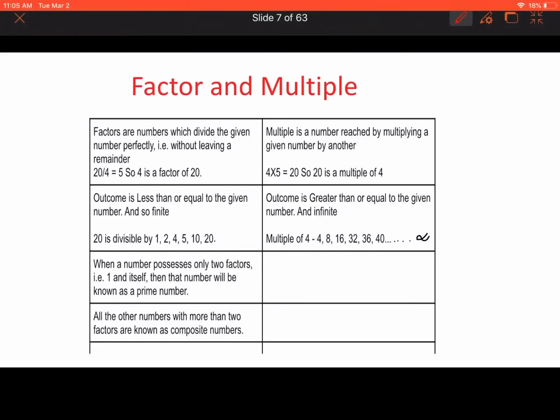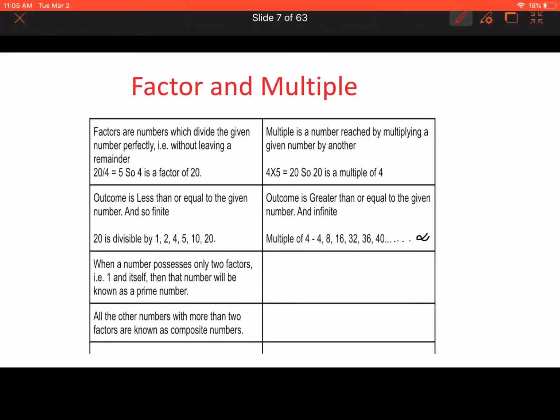In all these cases it gives a factor without leaving any remainder. The outcome is greater in the case of multiples, more than or equal to the given number, and hence it is called infinite. For example, multiples of 4 start from 4, 8, 12, 16 and keep on extending till infinity.